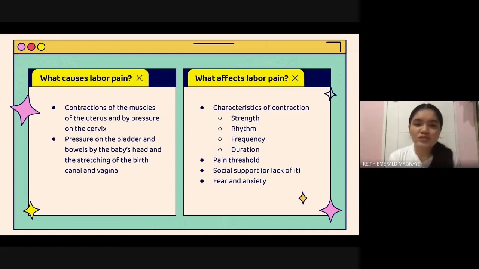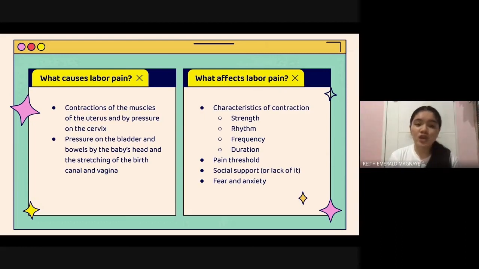I won't go into details since this was already discussed earlier, but the general idea that I want to share with you is that these factors, such as kung gaano katagal yung contraction or kung gaano kadalas yung contraction, will contribute to the pain you will feel during labor. The main factor that greatly affects labor pain is your pain threshold. Kung medyo mababa po yung pain tolerance ninyo, kakailanganin niyo po ng extra help and support during labor para po hindi kayo masyadong mahirapan.